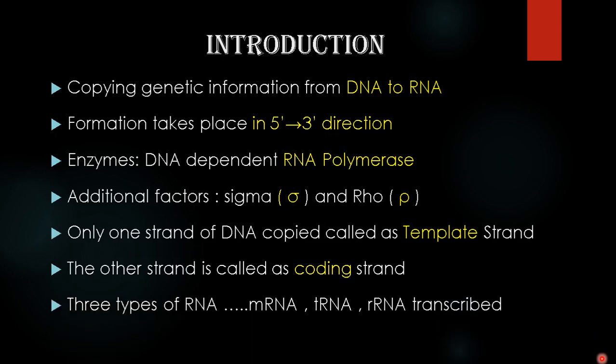Then mainly three types of RNA are transcribed: messenger RNA, that is mRNA, transfer RNA, that is tRNA, and ribosomal RNA, that is rRNA. mRNA functions in transferring the codes of DNA to form the new protein.